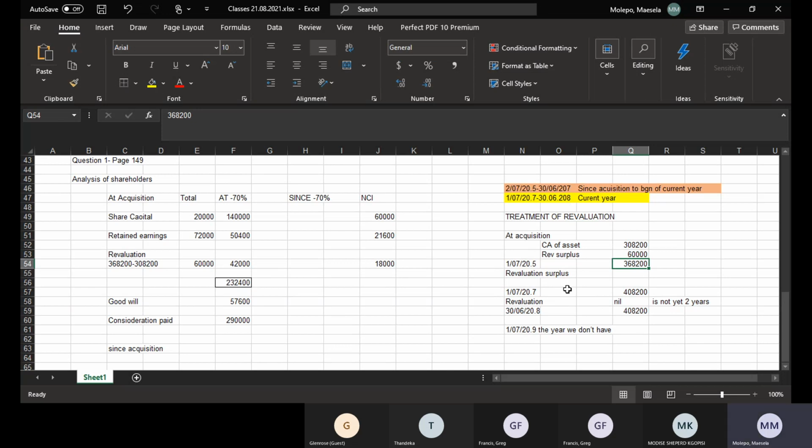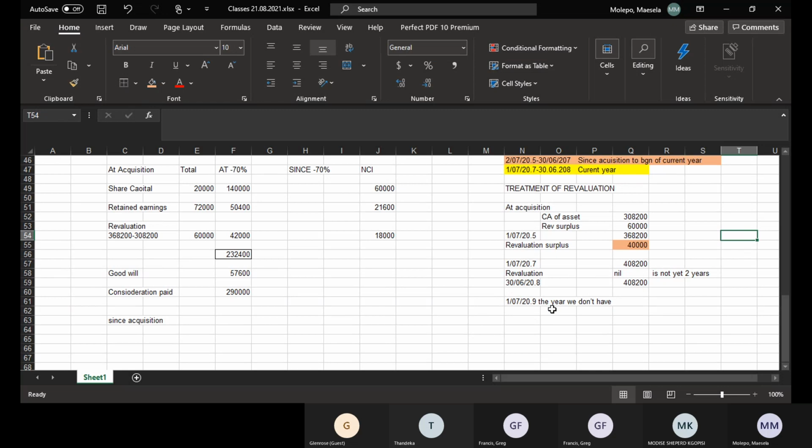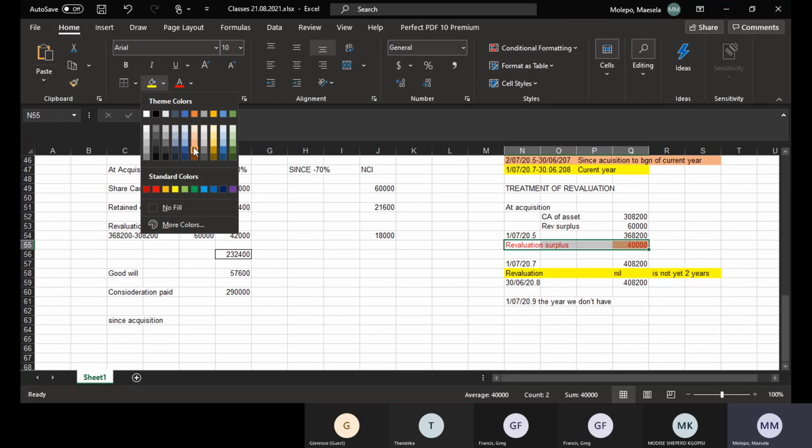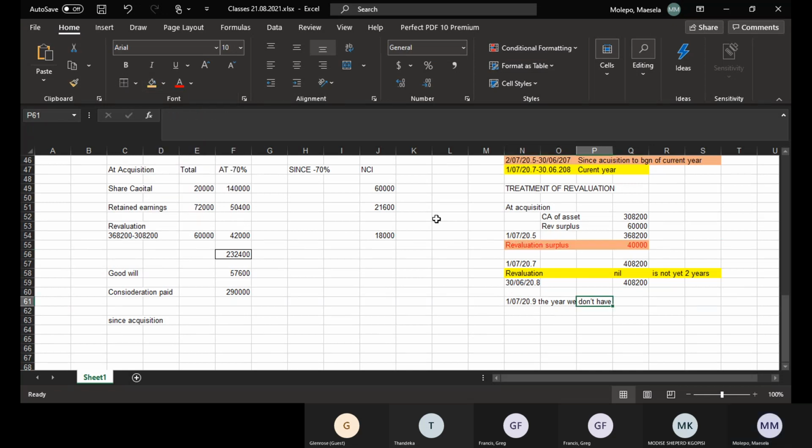So it means our revaluation surplus will be sitting as 40,000. So this 40,000, since it's for the since acquisition to the beginning of the current year, it must come here. Because on the current year is nil. We don't have anything here. So this value must affect our since acquisition to the beginning of the current year.